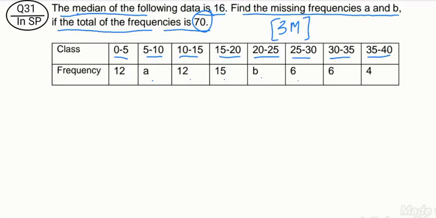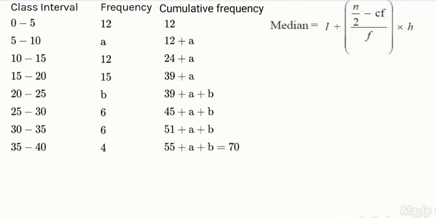Whenever a median based problem is asked, you should find the cumulative frequency. Let's make a table of 3 columns: first column class interval, second column frequency, third one cumulative frequency. Cumulative frequency is nothing but the summation of all previous frequencies.